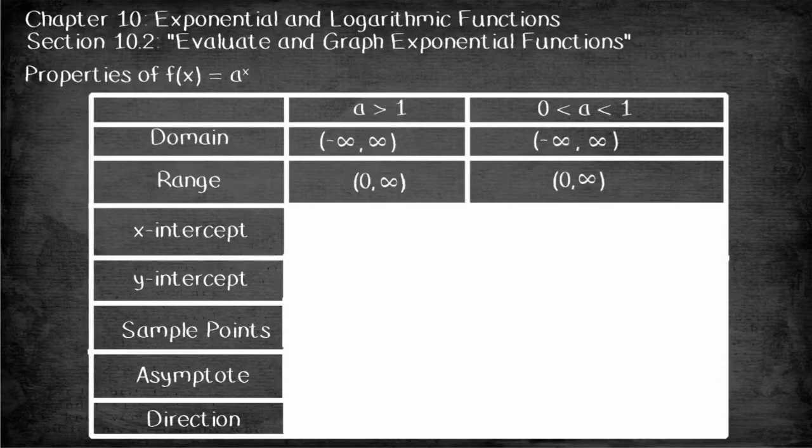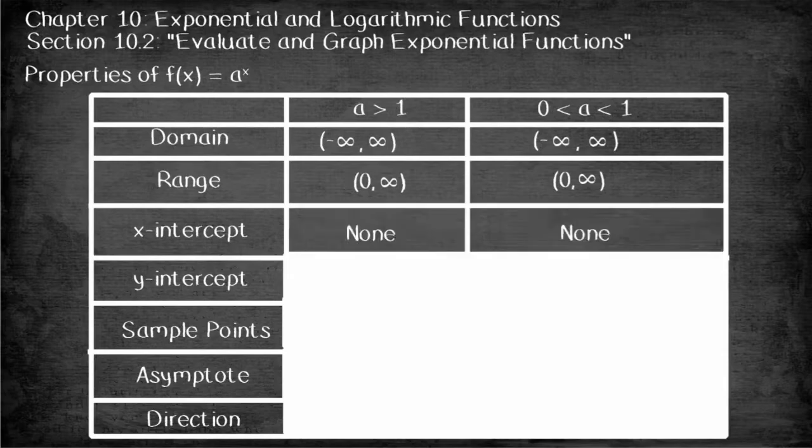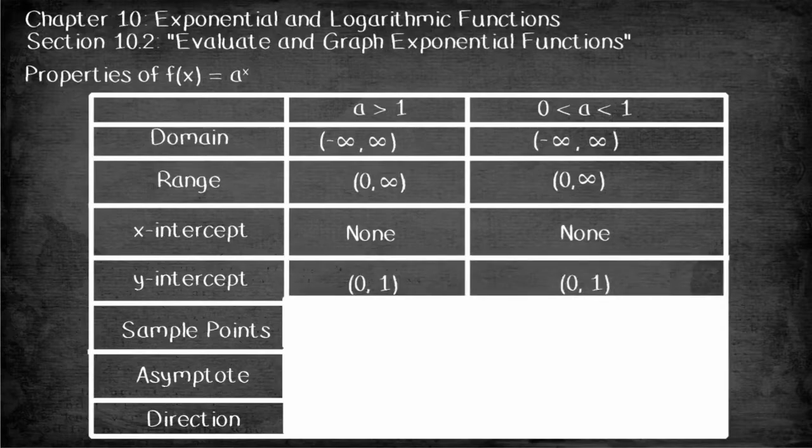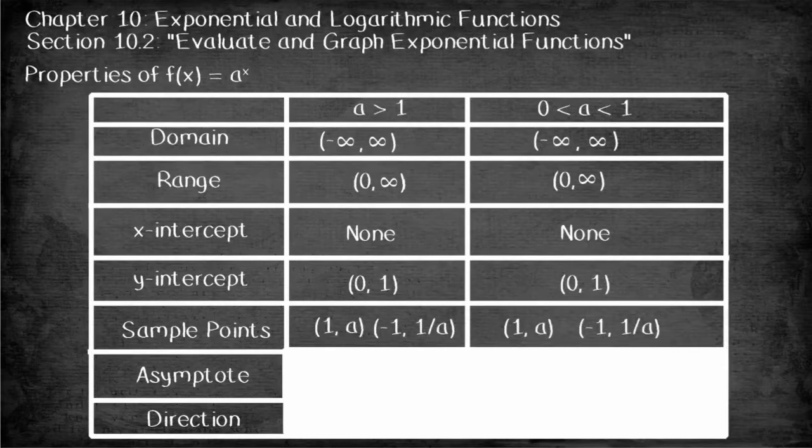So its range is really just 0 to infinity. So these graphs do not have x-intercepts. The y-intercept of the graph, though, is the point (0, 1). Right? When you raise something to the 0 power, you just get 1 back, so it's not super surprising. Some sample points.